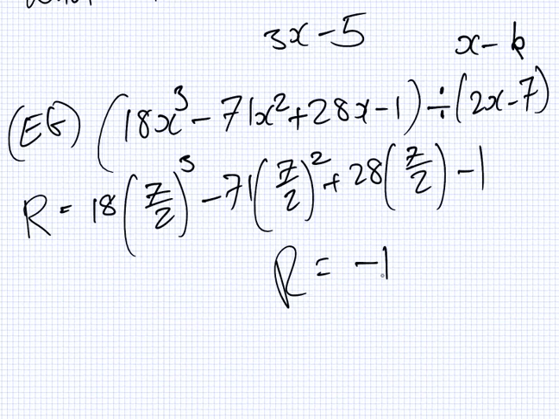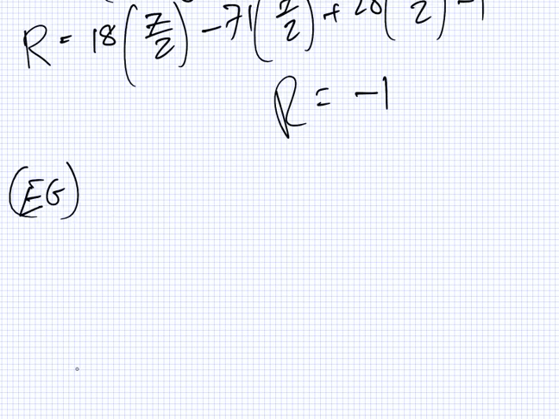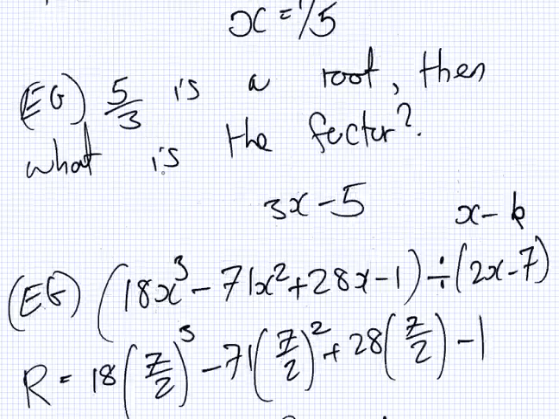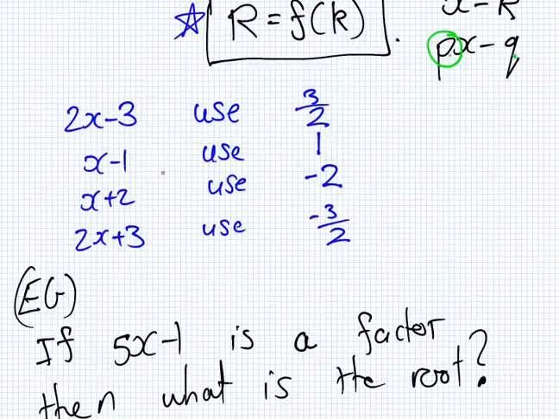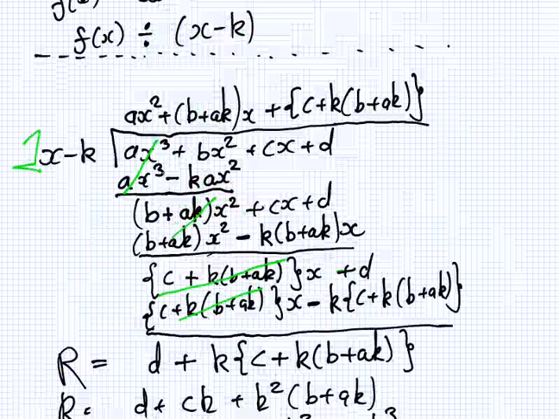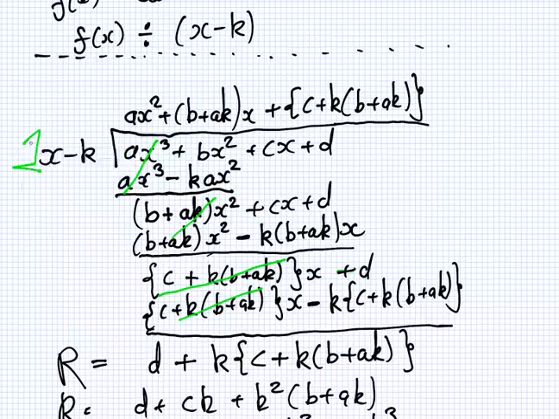Why do you use the root? Why didn't you use just 7? Now, this goes back to when we have x minus k. If there's no number here, yes, we can use 7. But if there's a 2 here, then we have to use 7 over 2.